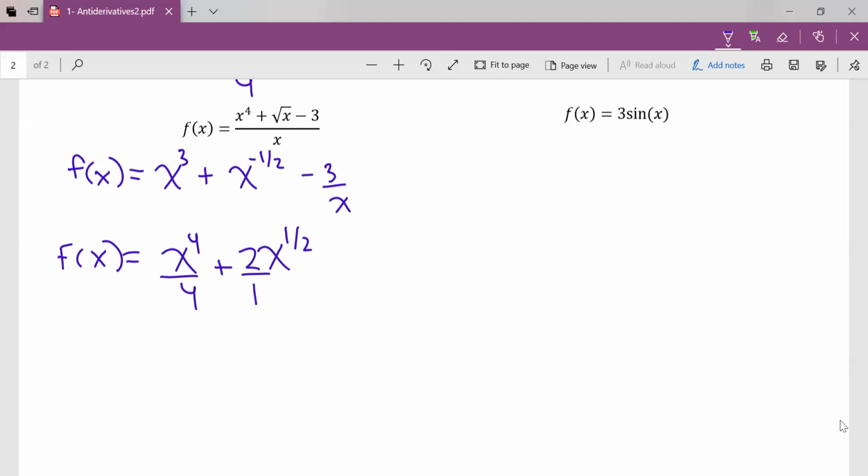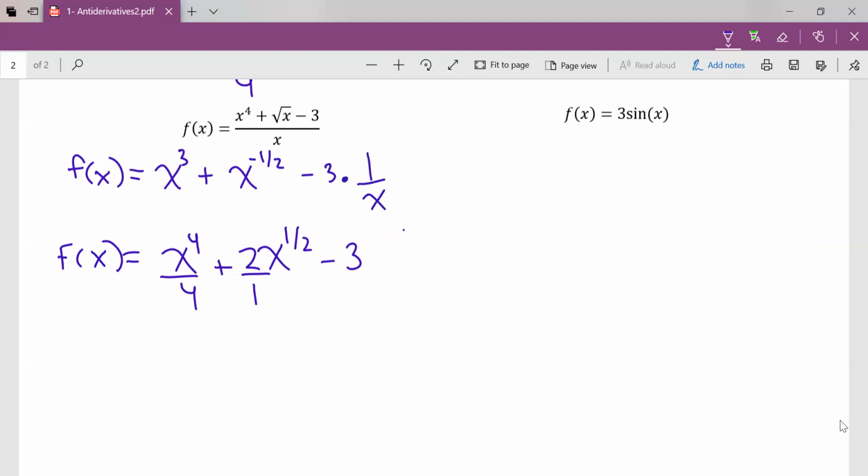Now, what about this one here? Like if I had written this as this, if I add 1 to that exponent and divide by it, I've got myself a big problem because I'm dividing by 0. Is math broken? Well, no, math's not broken quite yet. What I'm going to do is I'm just going to rewrite that like that.